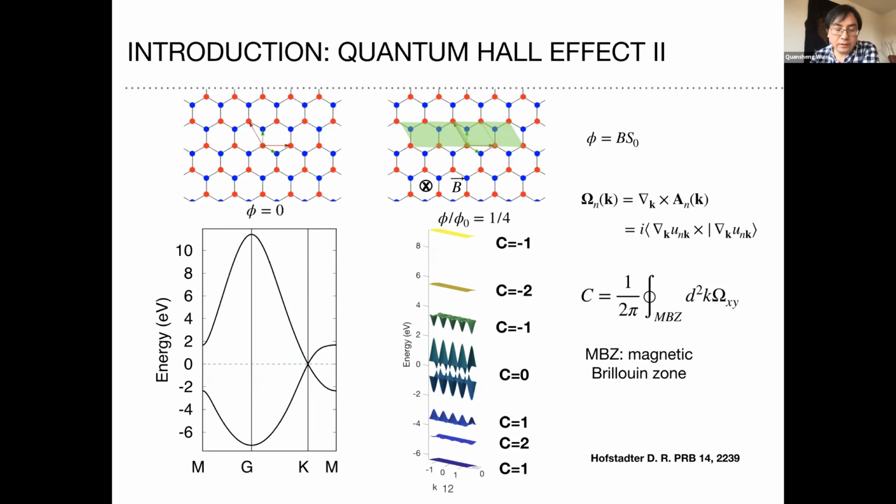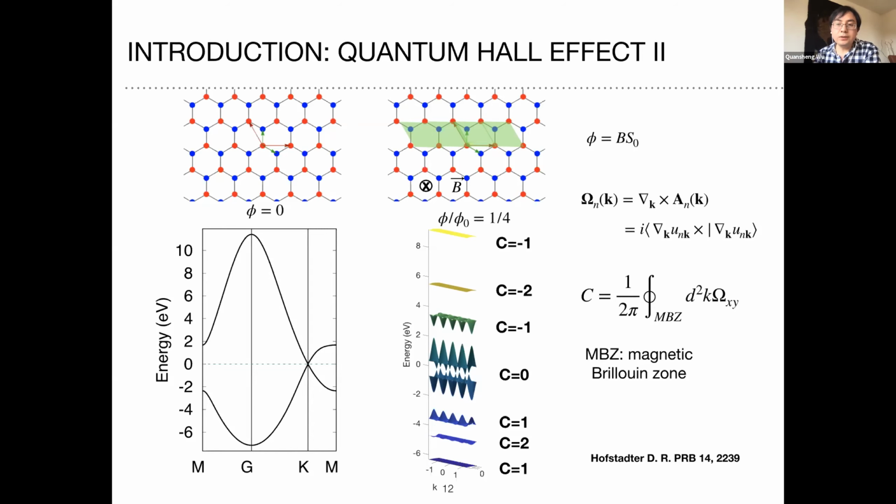And then if you look at the band structure, these are 2D plots of the band structure. You will find that this band structure will split into 4 parts. This is one band, this is another band. The top band is split into 4 parts: 1, 2, 3, 4. We have 4 Landau levels. I mean, you can think if we decrease the magnetic field, then we will have a larger magnetic supercell, and then you will have more Landau levels.